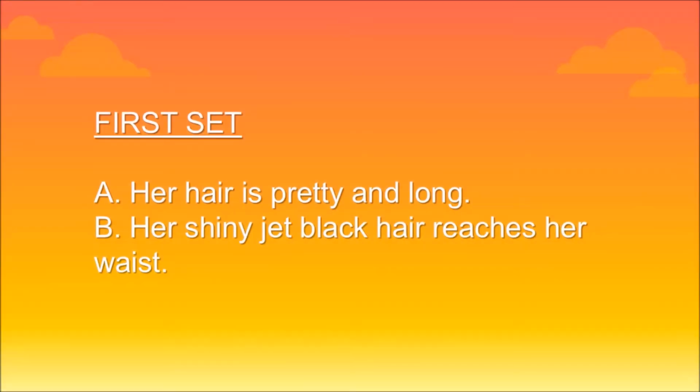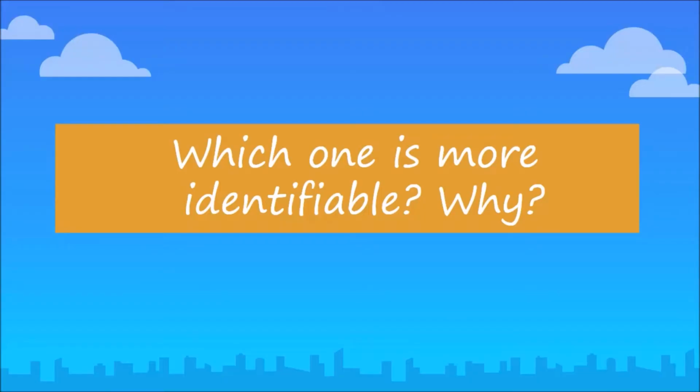Again, I have another example through sentences. This is the first set. A. Her hair is pretty and long. B. Her shiny jet black hair reaches her waist. Which one is more identifiable and why?